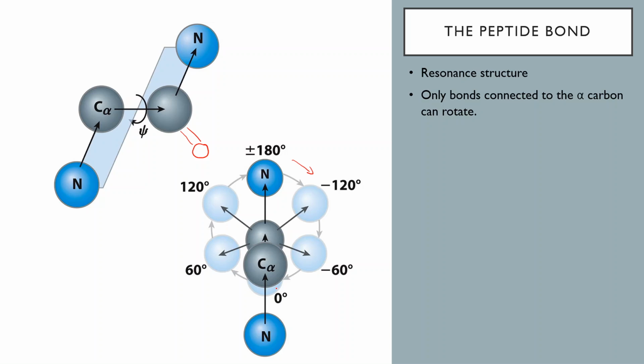That's the furthest you can go in the clockwise direction. Then we keep going clockwise, and we are at positive 60 degrees, then 120, and then you're back to 180 again. So that's why this position is both plus and minus 180. Each bond has, hypothetically, the ability to rotate through 180 degrees.